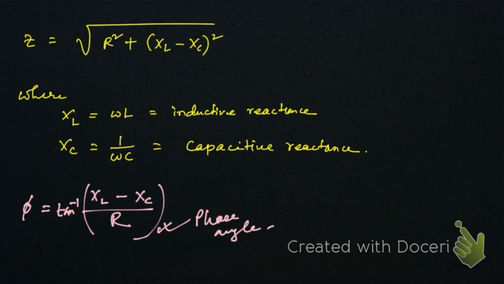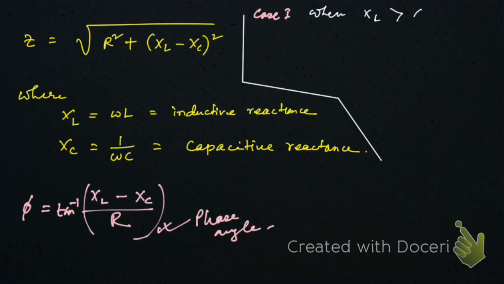So now let me take a few cases here. Case 1: when XL is greater than XC, then current lags behind the applied EMF.